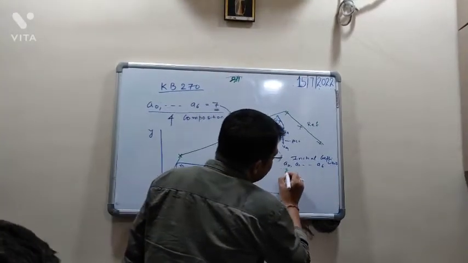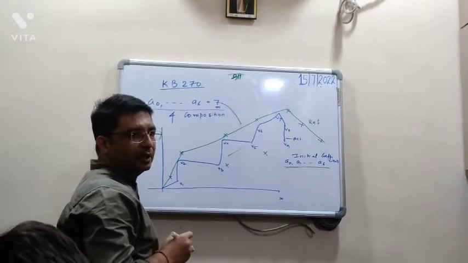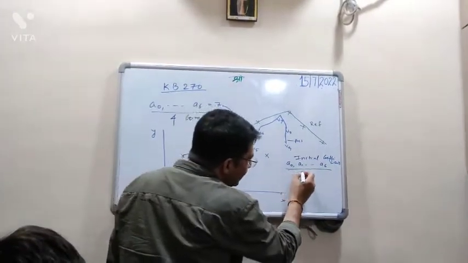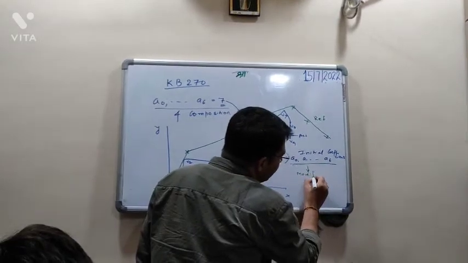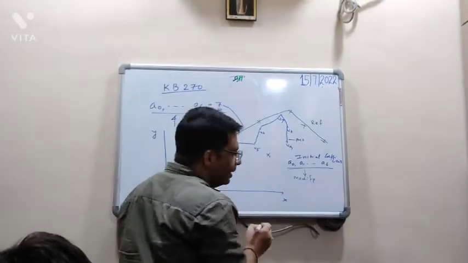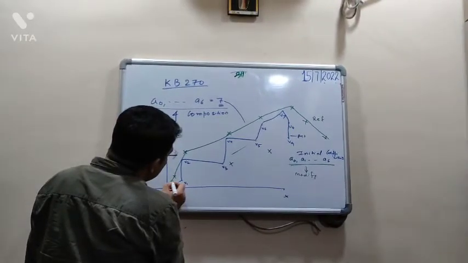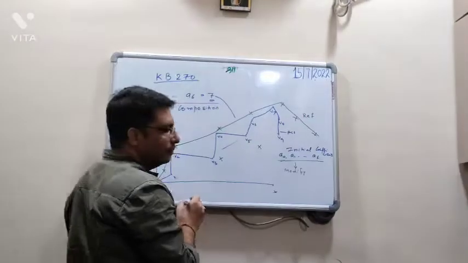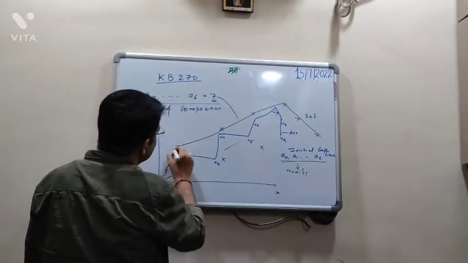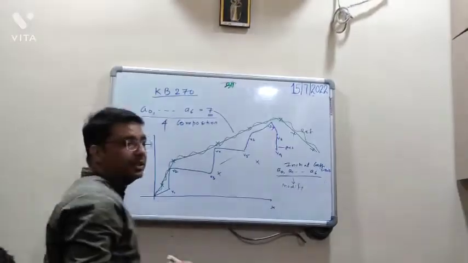Now what will the machine do? The machine has this reference and the 7 coefficients, right? Now the machine will adjust these 7 coefficients and modify them in such a way that this blue plot will try to match with this green one. So it will try to align with this.